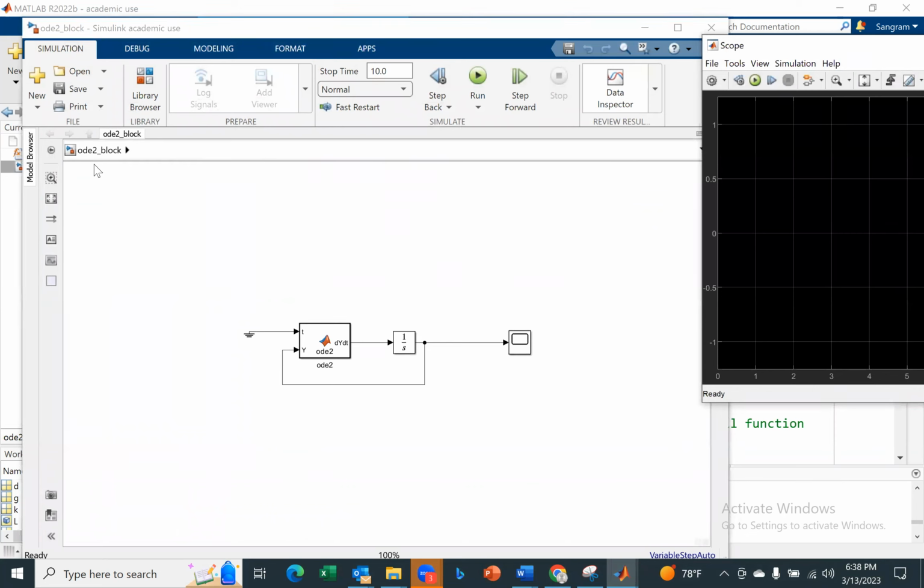Now what I want you to see is the integration in Simulink. This is the same block that was constructed by that function. Now, time: you need to ground it to the system time, which means the simulation time should be the same as the block time. So what I want you to do is add a ground.